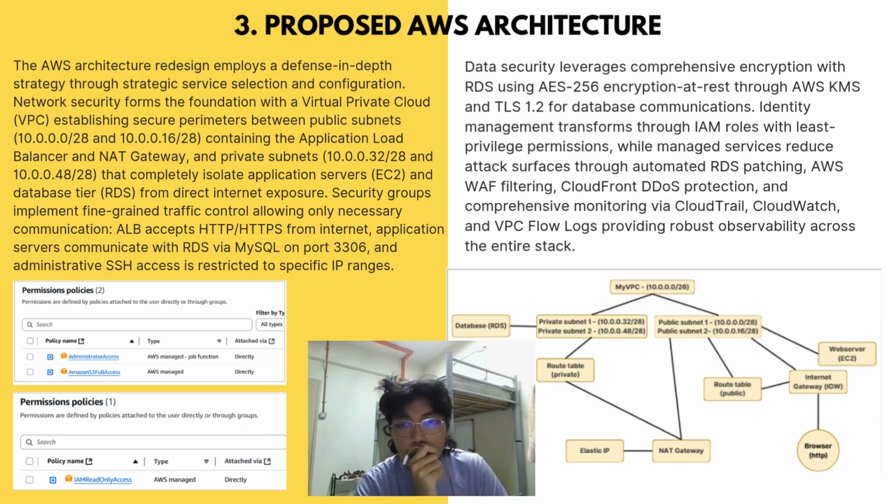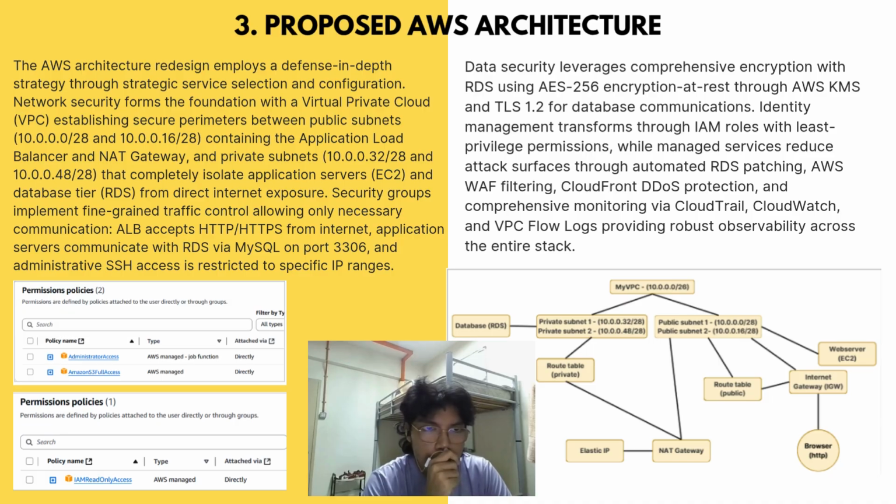Moving on, we would like to go into an in-depth analysis of the AWS architecture that we have proposed and committed to. The AWS architecture redesign employs a defense in-depth strategy through strategic service selection and configuration. Network security forms the foundation with a virtual private cloud, establishing secure perimeters between public subnets containing the application load balancer and NAT gateway, and private subnets that completely isolate application servers and the database tier from direct internet exposure.